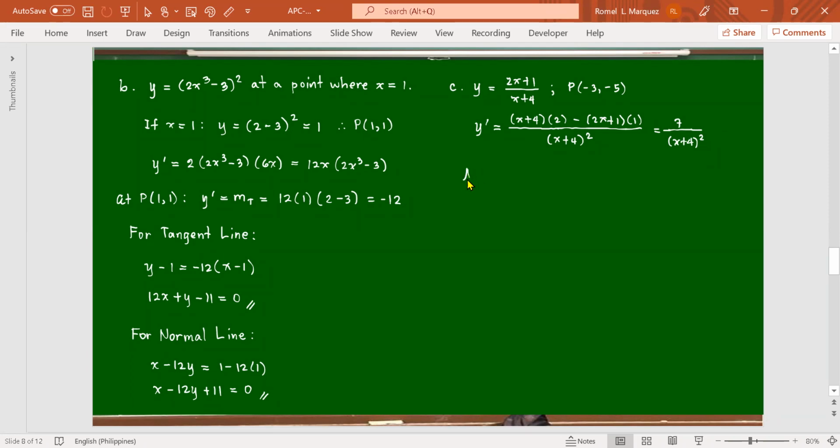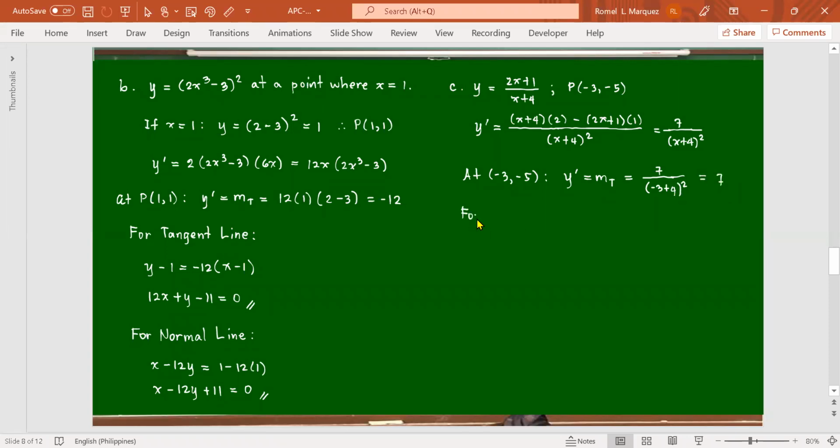So at the point -3, -5, what is y prime, which is equal to the slope of the tangent at that point? 7 over -3 plus 4 raised to 2, giving +7.